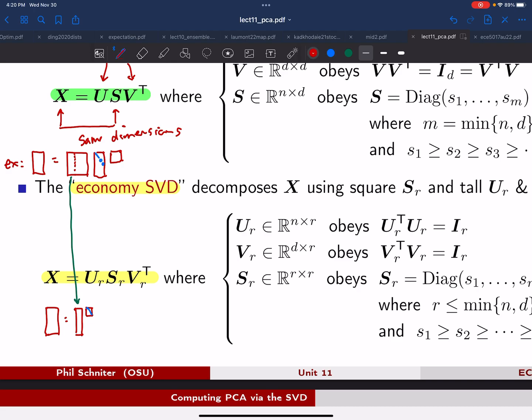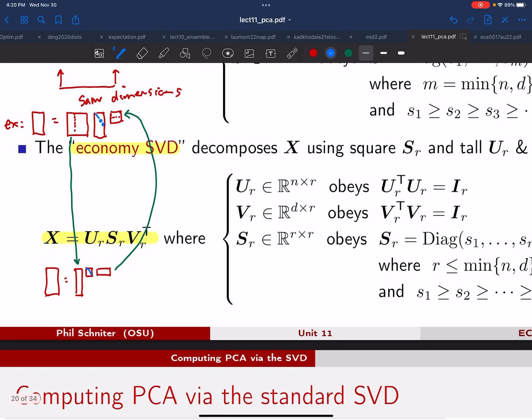And then we have a wide matrix here, which is only computing those rows. Okay, so in this case, what you find is that this matrix is square and invertible, meaning no zeros along the diagonal. It's diagonal and no zeros on the diagonal.